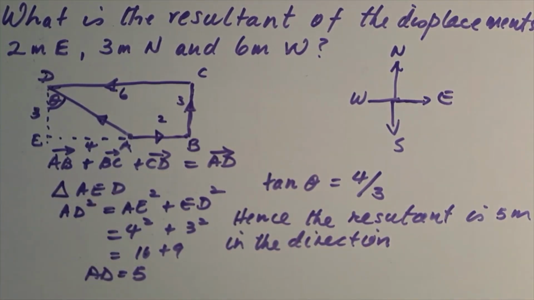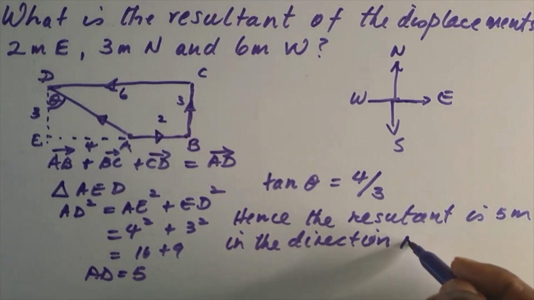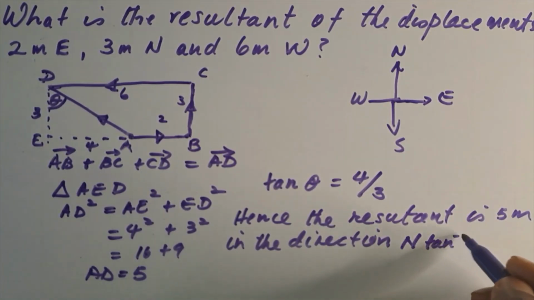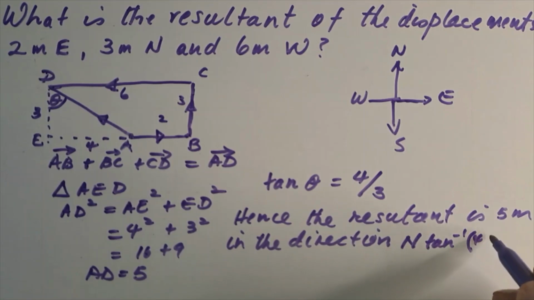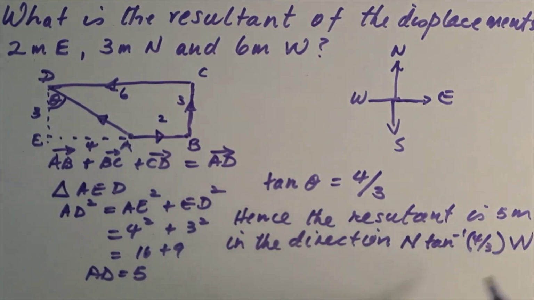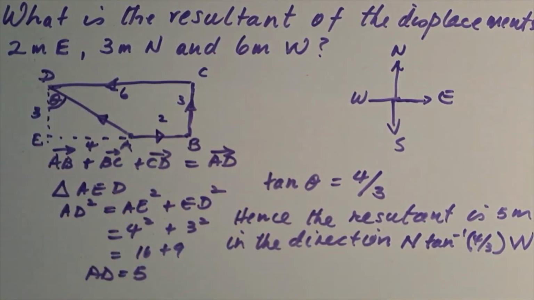It's going northeast, so we have in the direction north the angle tan inverse 4 over 3 going northwest. That's the resultant, going northwest. So it's north tan inverse 4 over 3 west.